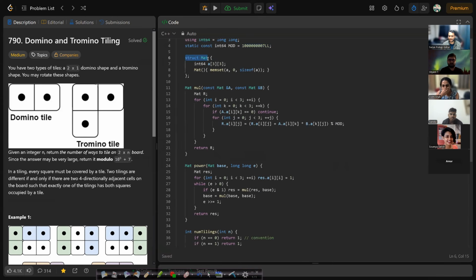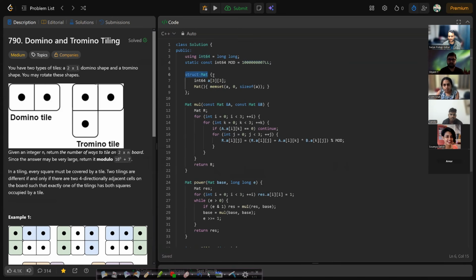Then we can define a structure. Defining a structure brings everything inside, and you can also have a constructor for the structure object definition. Generally, people do not write constructors for structures. They write the constructor definition as a function outside. That's not a good way to do it.